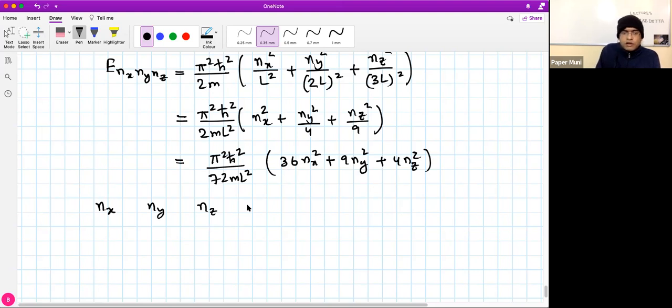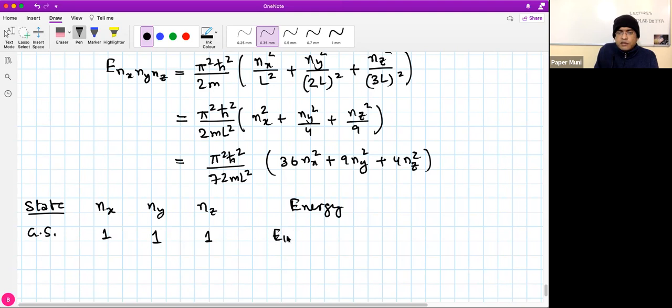So let's talk about the ground state. We want to find out the ground state. What is the minimum? We all know it has to be 1 1 1. We have no other option. We cannot go to 0, 0 is not available. So we have 1 1 1, and the energy in this case, the ground state, will be E111.